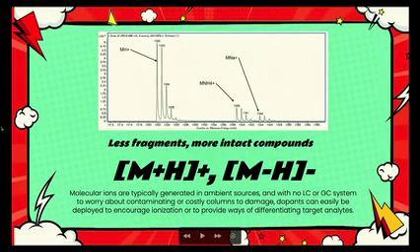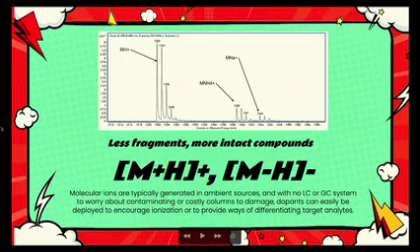One of the real benefits of ambient ionization is that it tends to be a less energetic ionization technique, so you tend to get more parent molecular ions rather than getting a lot of fragmentation.